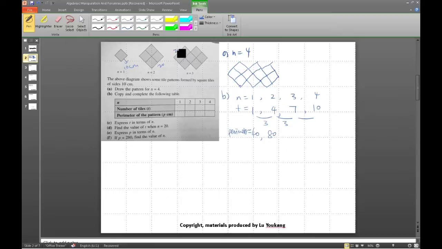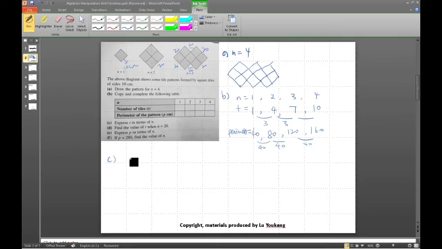And when n equals 3, we have 20, 20, and 20, as I have labeled in the figure for n equals 3. So we just add all these 20s up and we get 120 when n equals 3. We can see an addition of 40 in between numbers. Therefore, when n equals 4, we have 160. So I have completed the table.